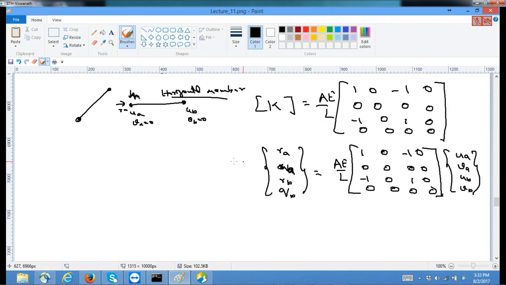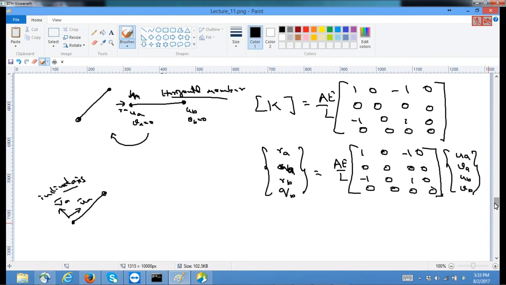But now I want it for an inclined member. I want it for this member. So if I have this member like this, and I define a coordinate system here, and in this coordinate system I write u bar a and v bar a along this inclined axis, this solution is the same as that of the horizontal system.